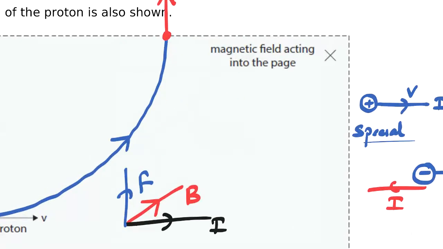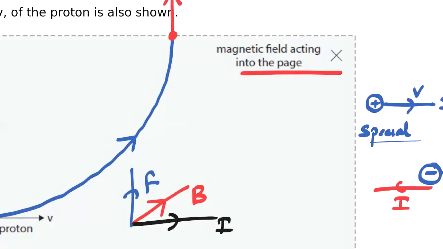See, the magnetic field is acting into the page. It is not coming towards you. So always analyze what the magnetic field direction is. If it is given as crosses like this, then it is going towards the paper, right? Just imagine this is an arrow.